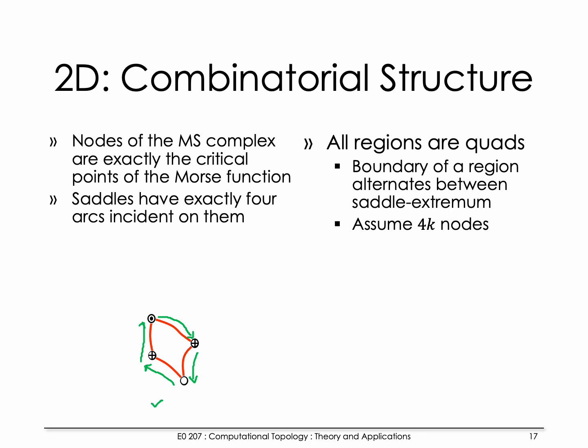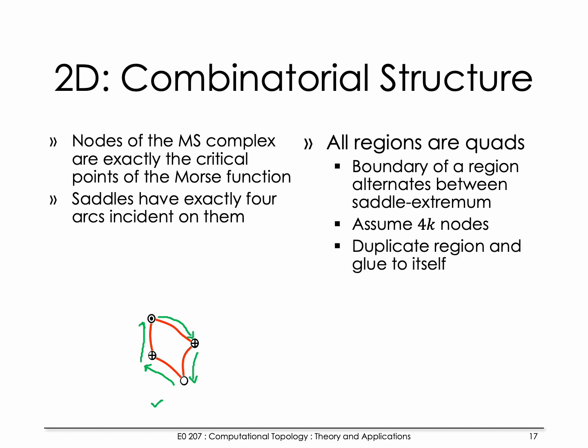So let's say a two-dimensional cell of the Morse-Smale complex has 4k nodes, because it alternates between minima, saddle, maxima and saddle. So that's 4, and let's say this alternates k times. So there are 4k nodes in the boundary of a two-dimensional cell, right? Here's a thought exercise.